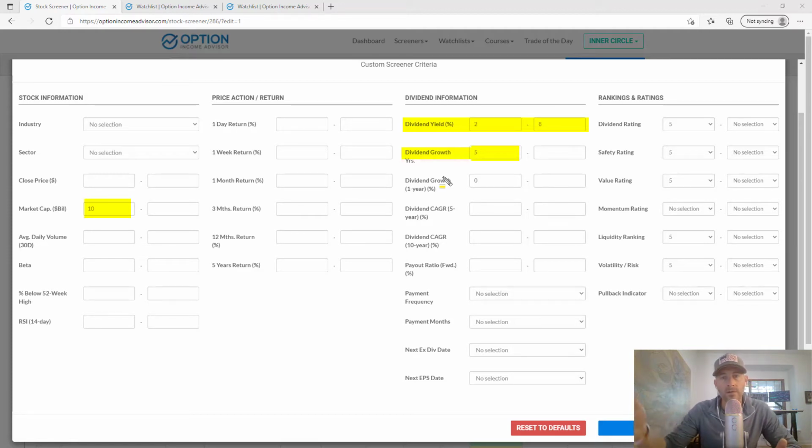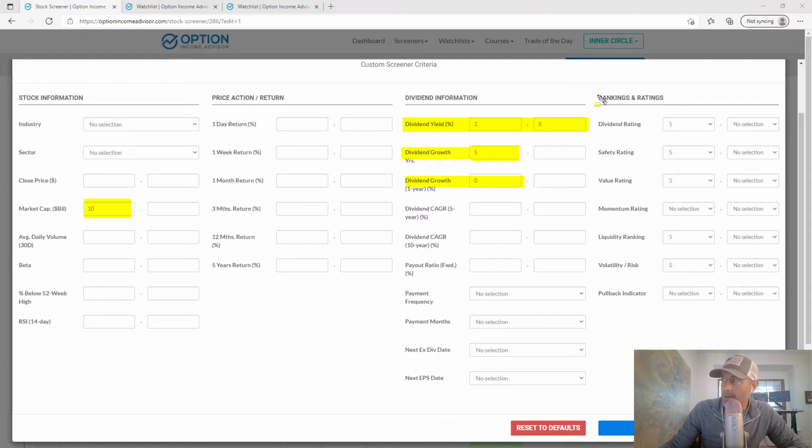I'm looking for ones that have certainly been growing their dividends and been consistent with it. And then dividend growth 1 year says I want something greater than 0. So again, this shows that over the last year, every stock that comes up on this list will have raised their dividend in some positive way.